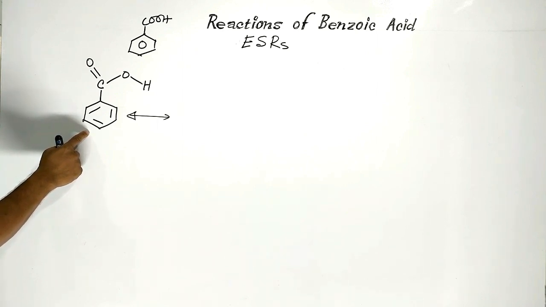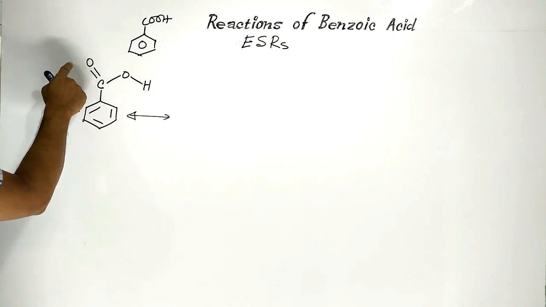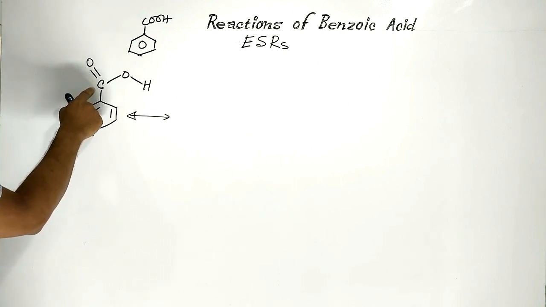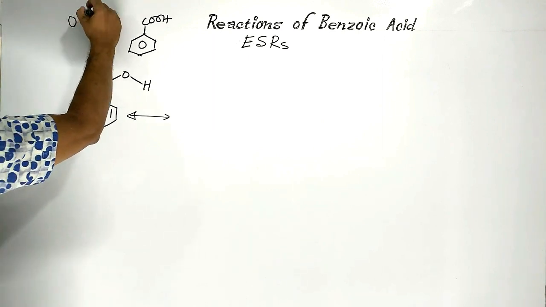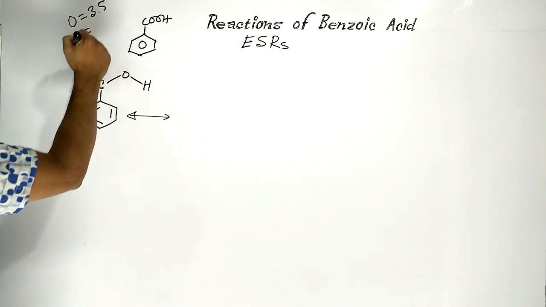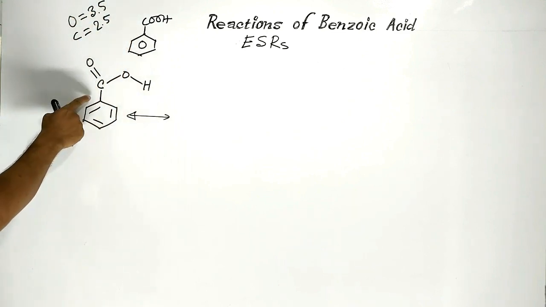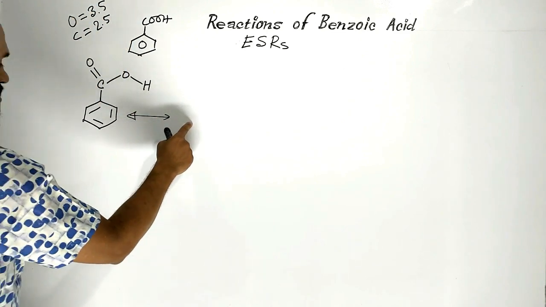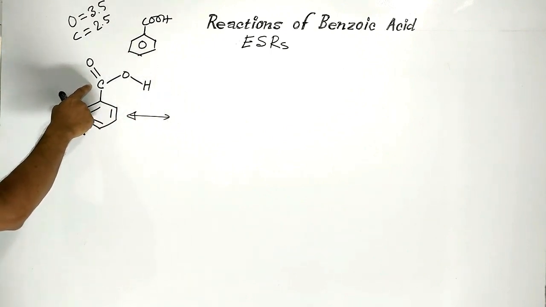Resonance structures are formed which is started from carbonyl group. Here, electronegativity of oxygen is 3.5. Electronegativity of carbon is 2.5. We get resonance structures and source is carbonyl group.